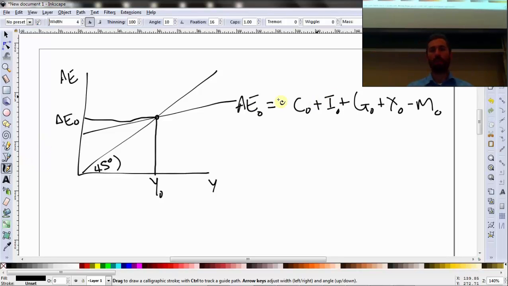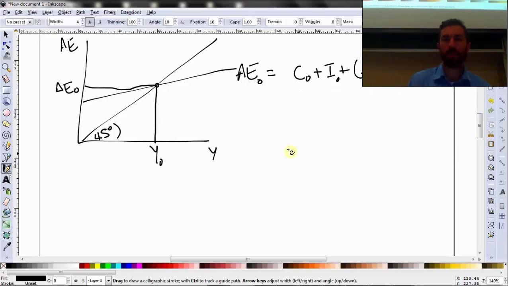What I'm also going to tell you is that this equilibrium level of aggregate expenditure occurs at some price level P0. Okay? Here's the setup for the question.